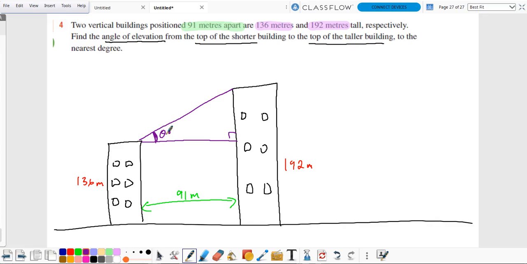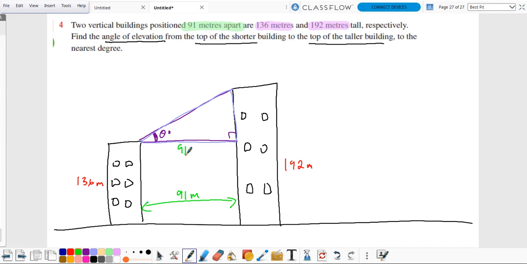Can anybody see at least one of the lengths of the triangle? The horizontal is 91. Good, so at least this guy is 91. We need to know one more length though.